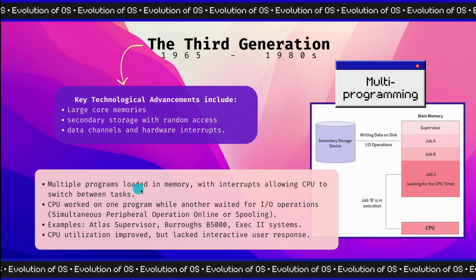So multiple programs were loaded in memory with interrupts, allowing the CPU to switch between tasks. The CPU worked on one program while another waited for the I/O operations. Now, CPU utilization improved, but still lacked interactive user response.